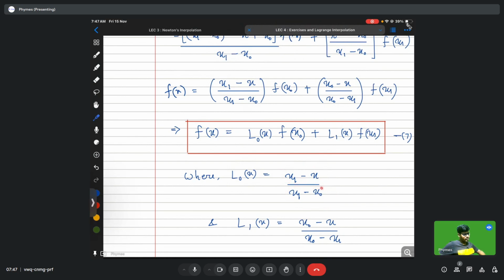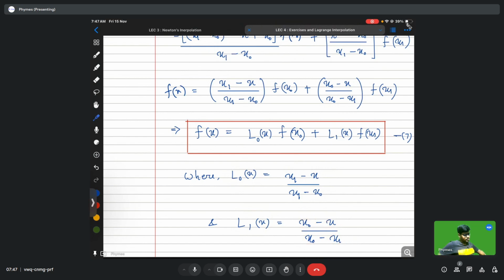So this quantity here actually determines the index for L. So L0 of x is x1 minus x over x1 minus x0. Similarly, L1 of x will be x0 minus x divided by x0 minus x1.